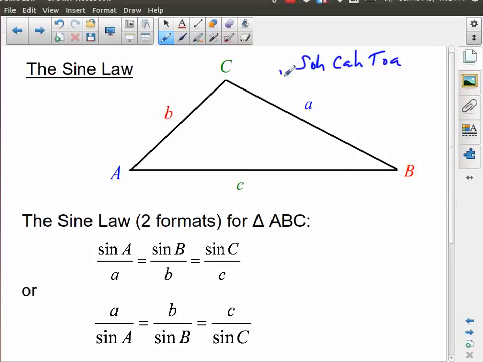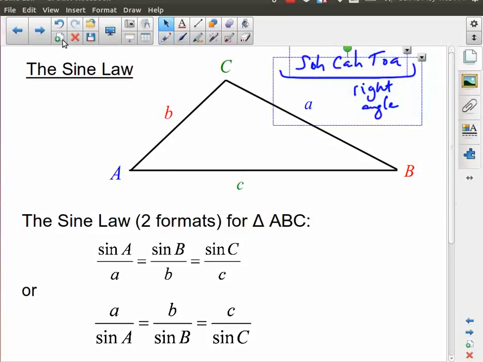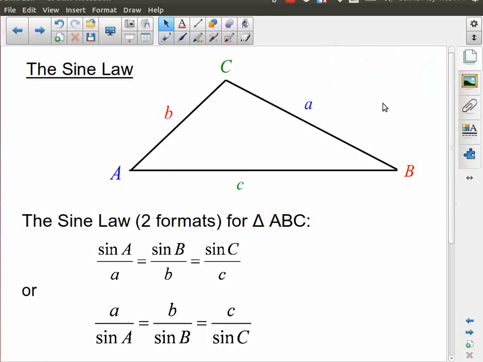Unfortunately, all of this requires a right angle triangle. And so if I don't have that, then I can't just use sine or cosine or tangent. So that's obviously going to be a problem if that's all we had to work with.